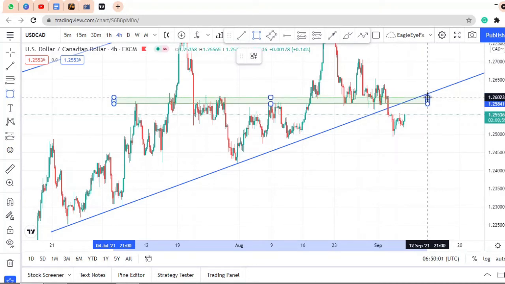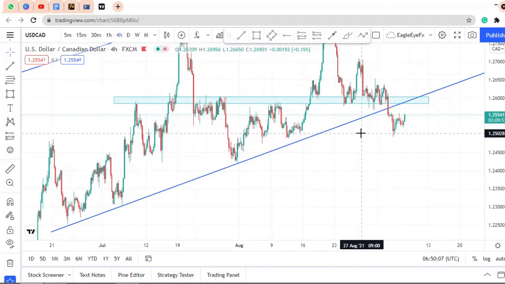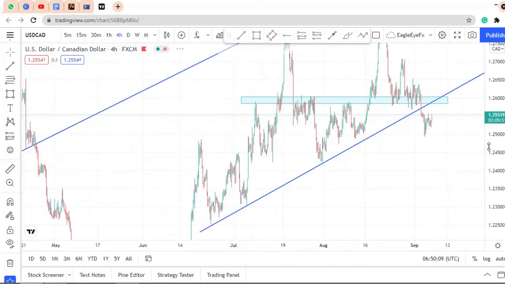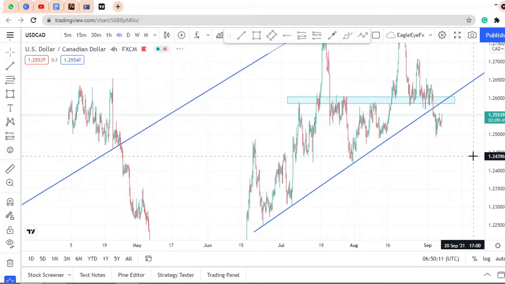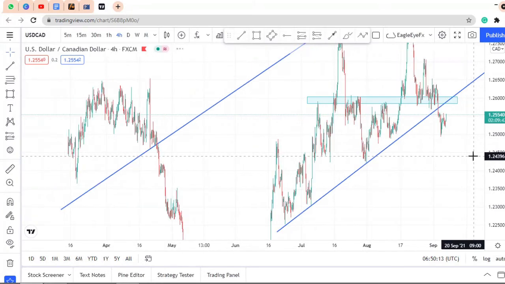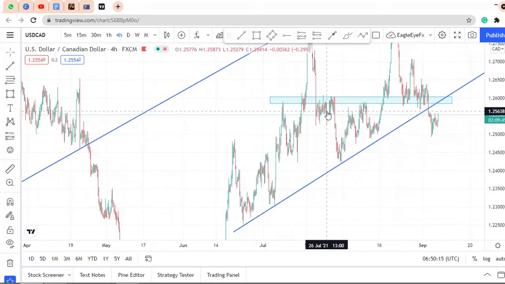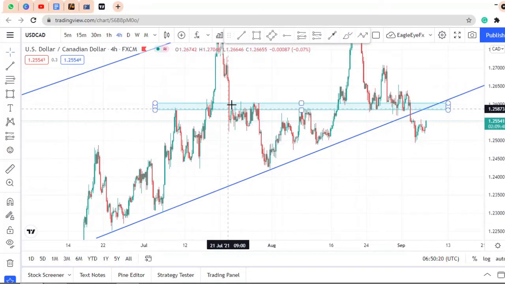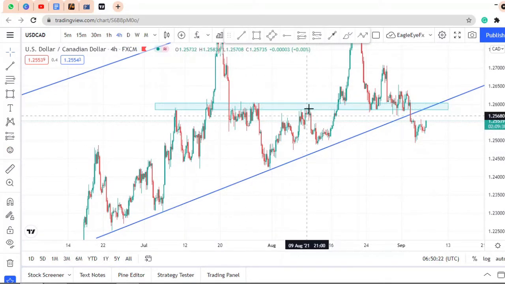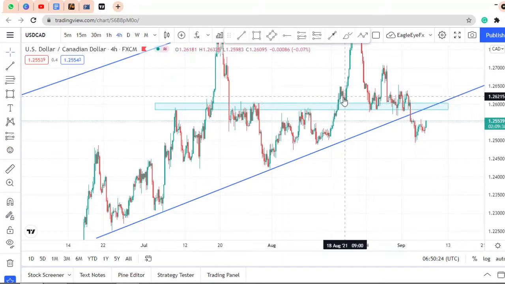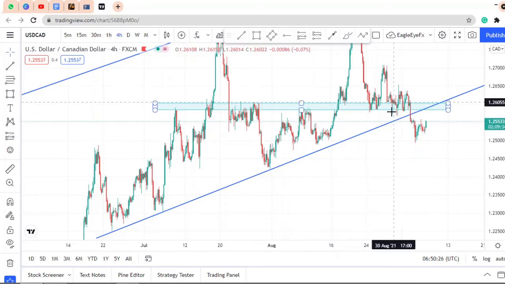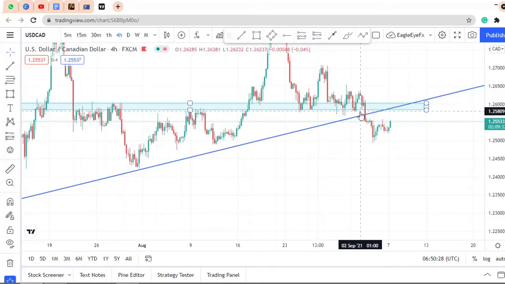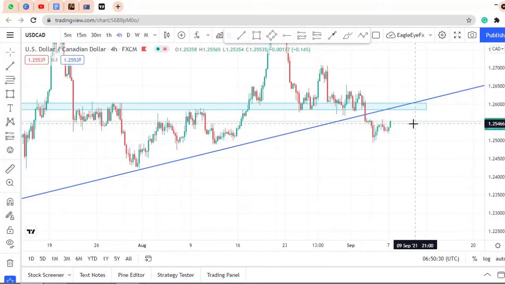Okay, I see that level over there, and the reason for me to draw that level there is because you can see that this market was rejected here, some rejection here and here, then you see a break and you see support, a lot of support with some fake outs, and now you see a break.